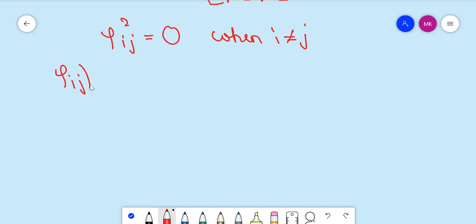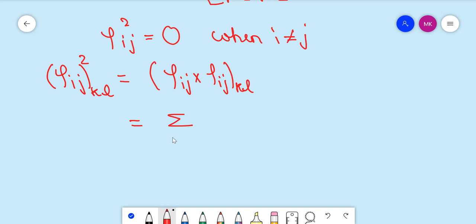If we take row ij square and let's take the element in the kth row and the lth column, then it can be rewritten as row ij into row ij, so multiplying those two, and the element then in the kth row and lth column, which in terms of the sigma notation would be sigma m equal to 1 to n, row ij km into row ij ml. So how did I get this?